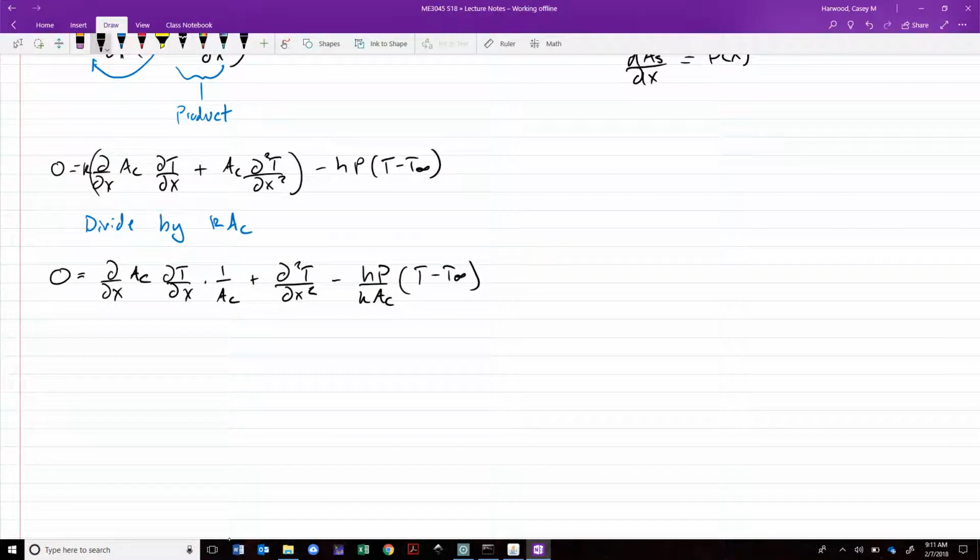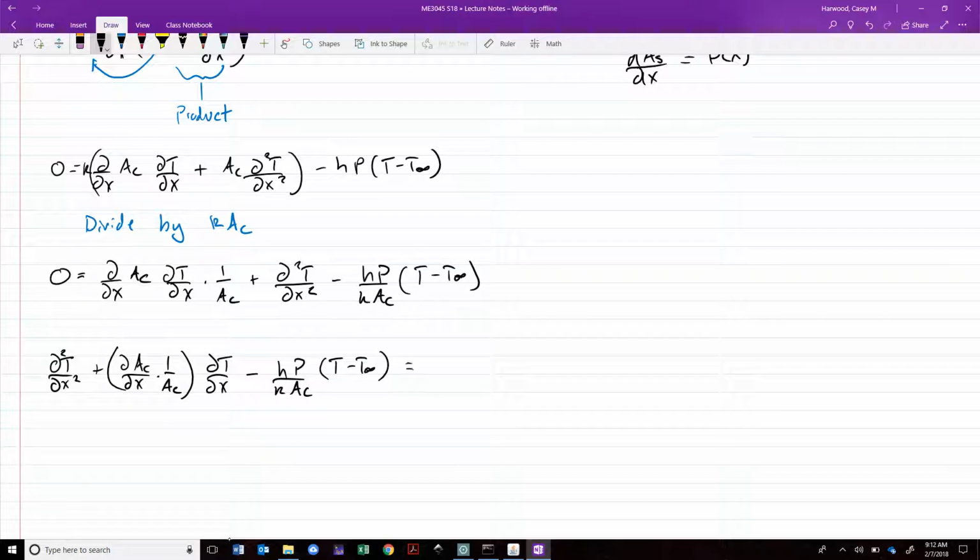So what we essentially have here is the second partial of T with respect to x, plus partial AC partial x times 1 over AC times partial T partial x, minus hP over k AC times (T minus T infinity) is equal to 0.